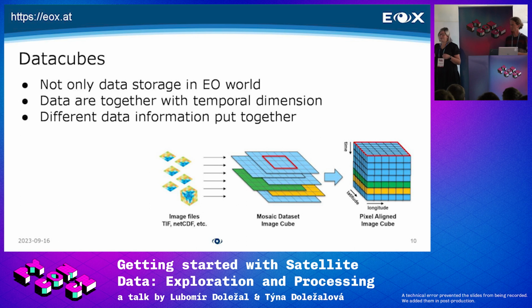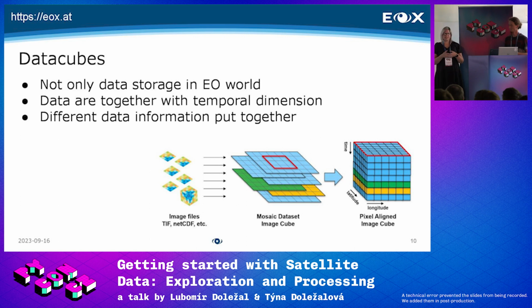Now, since I mentioned that we are usually enhancing satellite data with other sources, let's talk about data cubes. Data cubes in Earth observation are not only a data storage, but usually refer to data together with a temporal dimension. As Lubo mentioned, we have a latitude, we have a longitude, but we also have time. So we need to somehow put together the time series of the data captured over months or years, and maybe another layer.